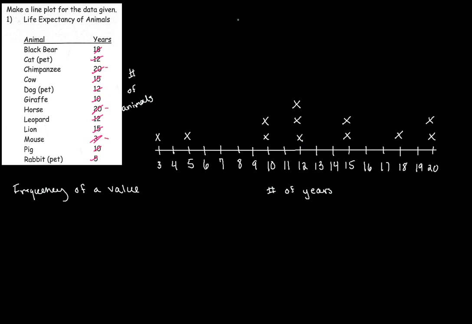And then we have to make sure we put our title. I always tend to look at the actual title of the data chart. So you can just say life expectancy of animals.